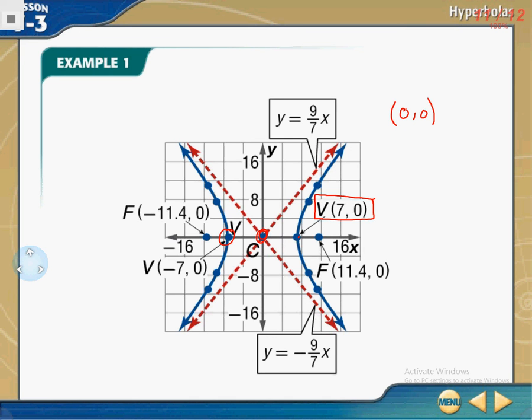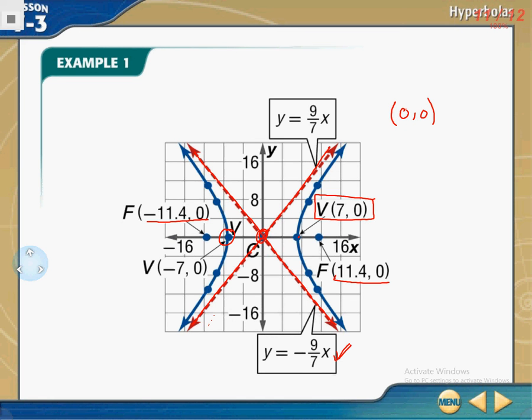The focus 1, this one, is 11.4 and 0. Focus 2, negative. Now the asymptotes, they are linear equations. This means that the graph should have lines. Do you see this line? This is the first and the second asymptotes. The graph will not touch these asymptotes.